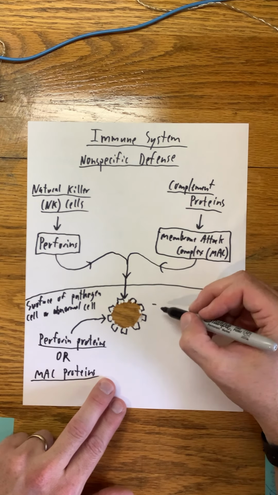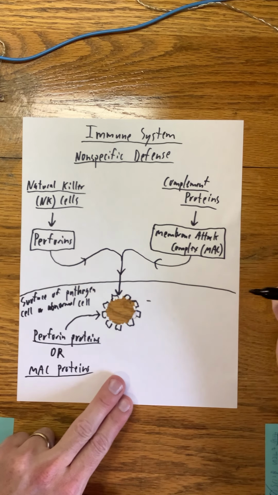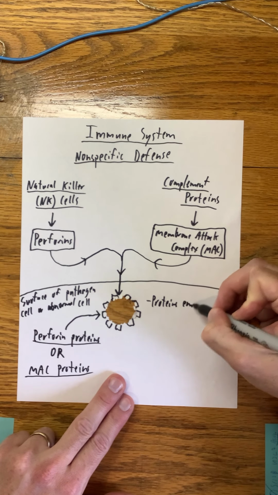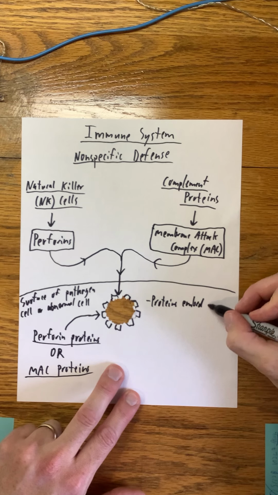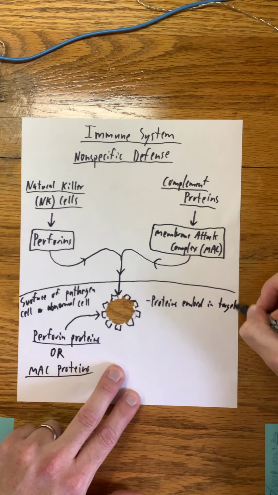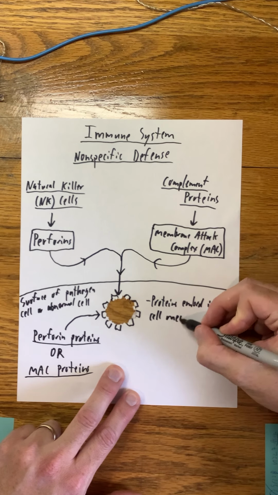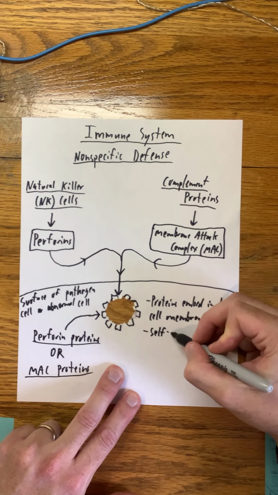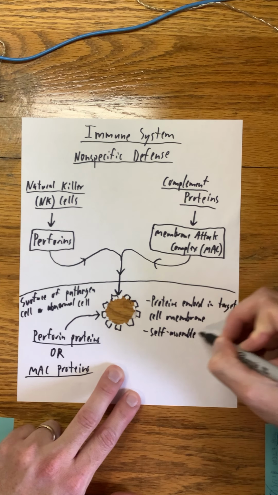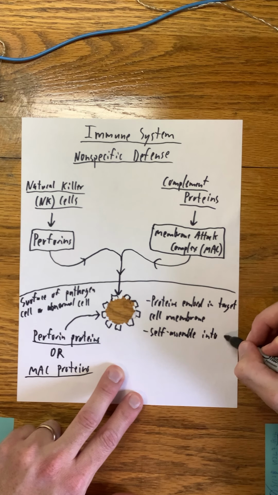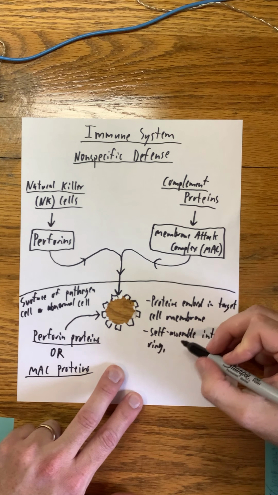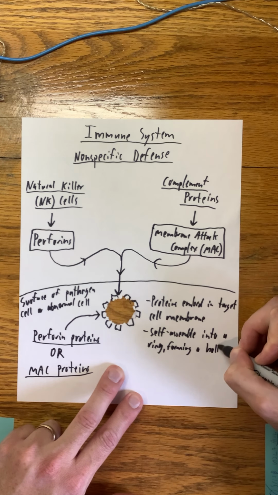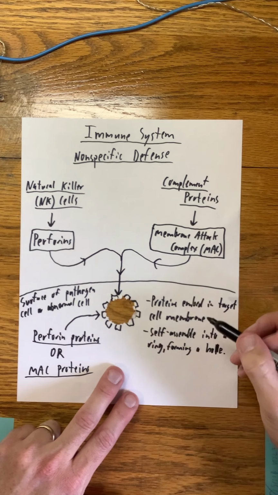Now we're just going to have 3 bullet points next to this hole to briefly summarize what happened in this process, okay? So the first step is that the proteins embed in the target cell membrane. The next step is that they self-assemble into a ring, forming a hole, which is what you did by punching those holes in and then ripping out that piece.